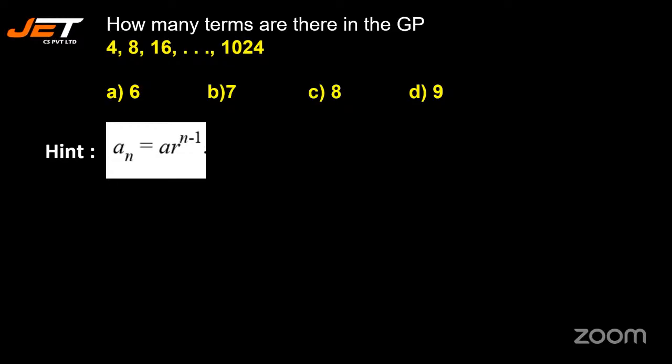It is 4. What is r? 8 by 4, that is 2. So 4 into 2 to the power n minus 1 is 1024. All right. So you just have to find out the value.